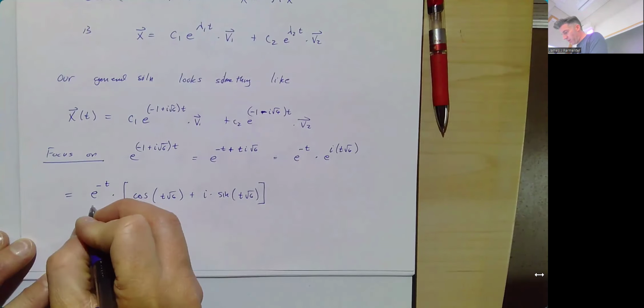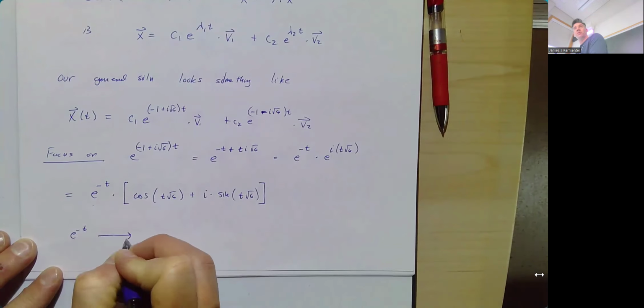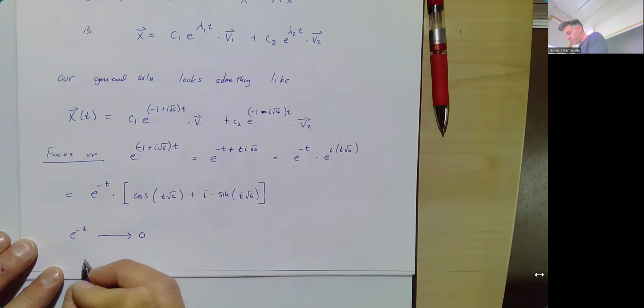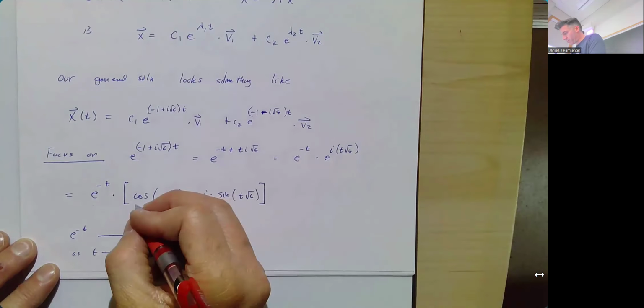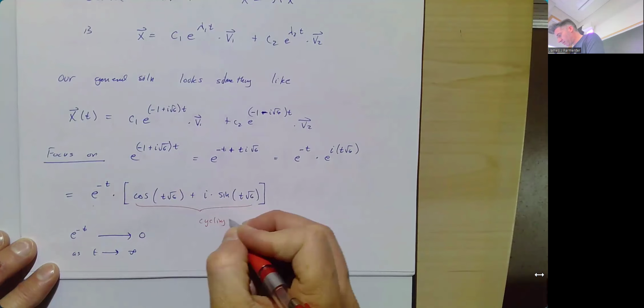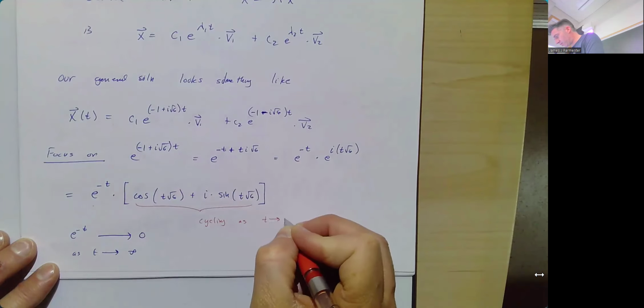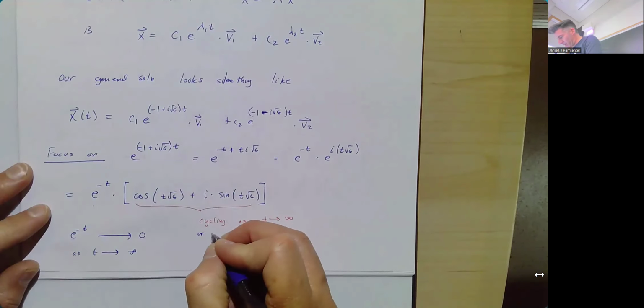One, this e to the negative t gets closer and closer to 0 as time goes on and on, whereas this part here, you get cycling as time goes on and on, or if you prefer, oscillating.